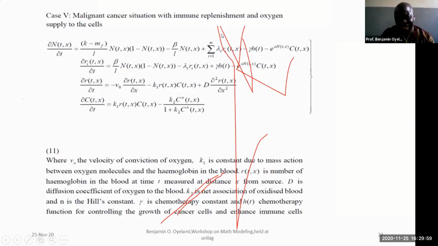There are some things you can also introduce to enhance the performance of the immune cells so that they can fight off. Some of them come in the form of drugs and supplements. The immune system tends to be boosted if you introduce something like vitamin C, which will make the immune system grow very well. And there are some supplements and other things, and some drugs you can introduce.